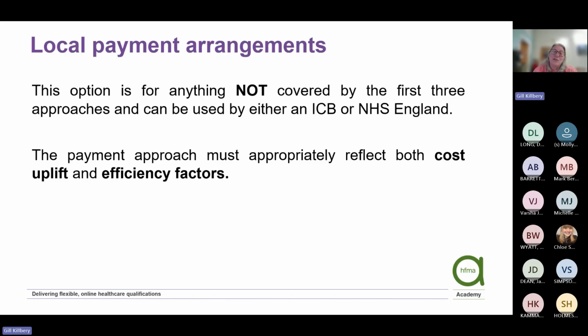The fact that the GP premises are already paid for under the GP contract or other factors like that will also affect the prices that they're prepared to pay. So we don't always use the national prices. There can be some local negotiation.